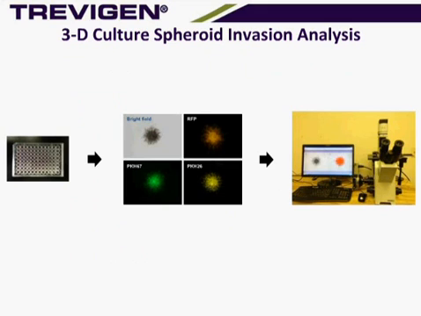And they all seem to work really well in the system. The advantage of the fluorescence, of course, is that you have a better signal to noise. It's much easier to pick up the structures, whereas with the bright field, the advantage there is it's label-free.